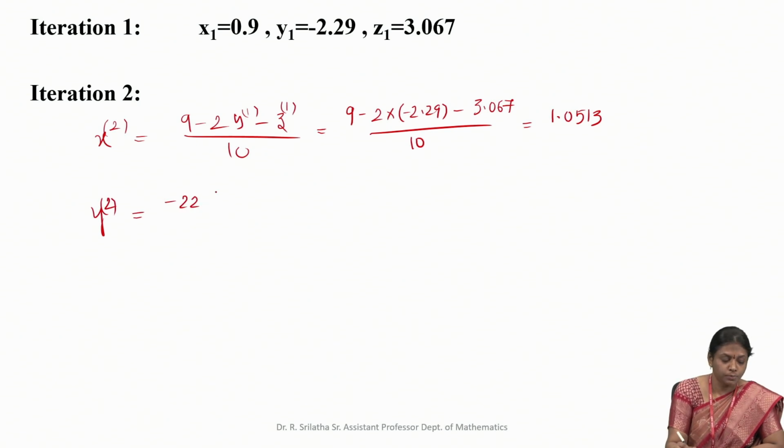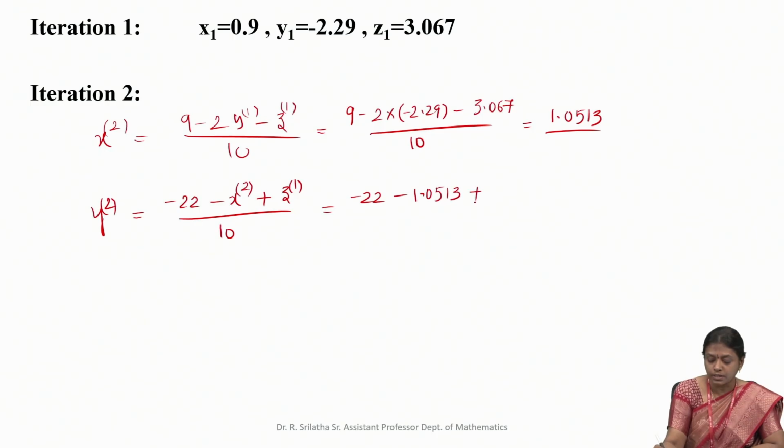Right? Next, y to the power of 2, the second iteration value for finding the value of y here. So my equation is minus 22 minus x. Since we are having x here, I am using the recent value, that is x to the power of 2, plus z to the power of 1 whole divided by 10. So minus 22 minus, what is the value I got for the second approximation here, 1.0513, plus the z value, I need to take the previous value here, 3.067, whole divided by 10.